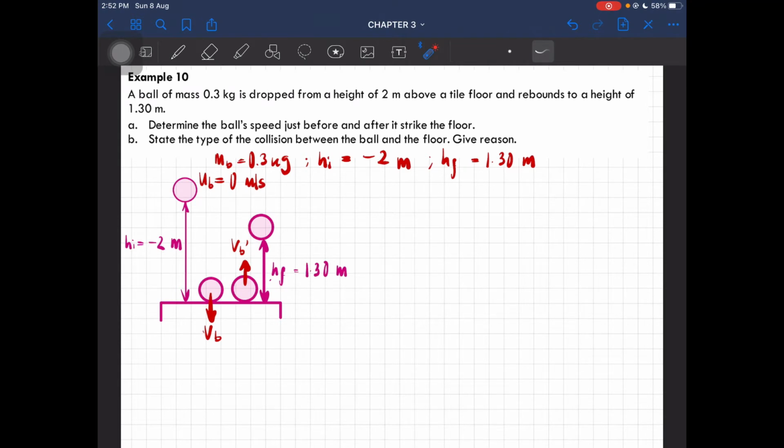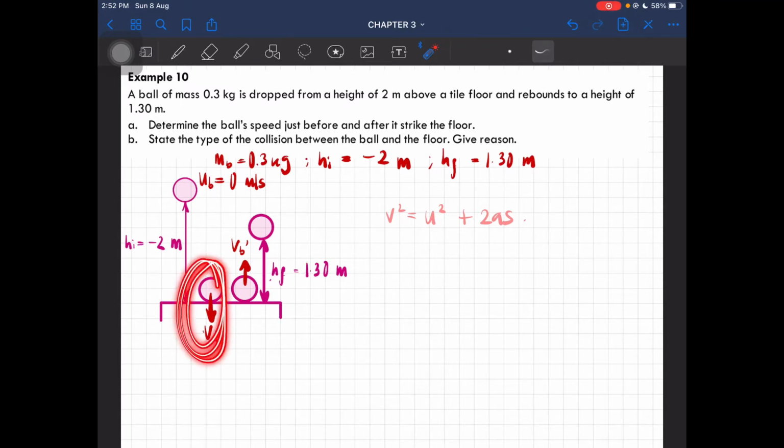Let's start. Determine the ball speed just before and after it strikes the floor. In this case we are using a combination of chapter 2 and chapter 3, using the formula v squared equals u squared plus 2as. This initial part is free fall. Let's find the speed of the ball before it strikes the floor.